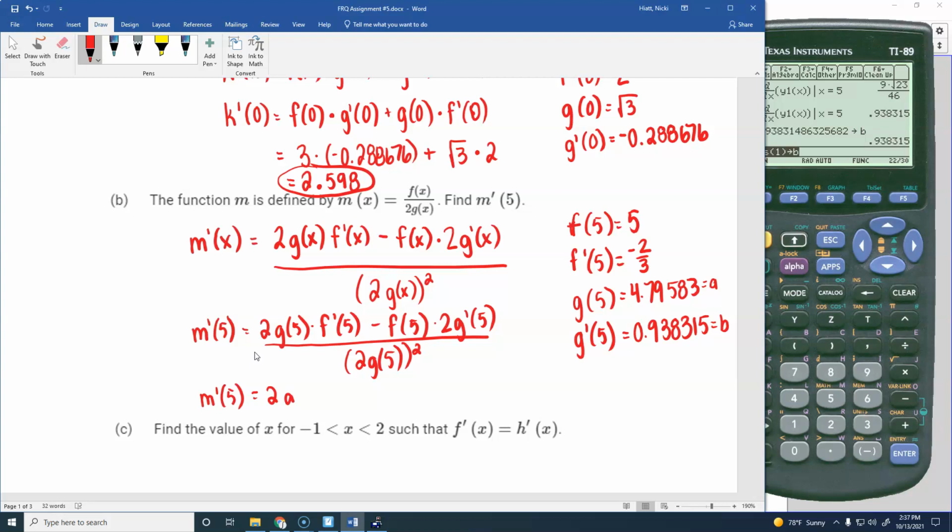As long as you've said that this is equal to A, you can put an A right here, times f prime of 5, which is negative 2/3, minus 5 times 2 times g prime of 5, which I'm just going to put a B, all over 2 times A squared.